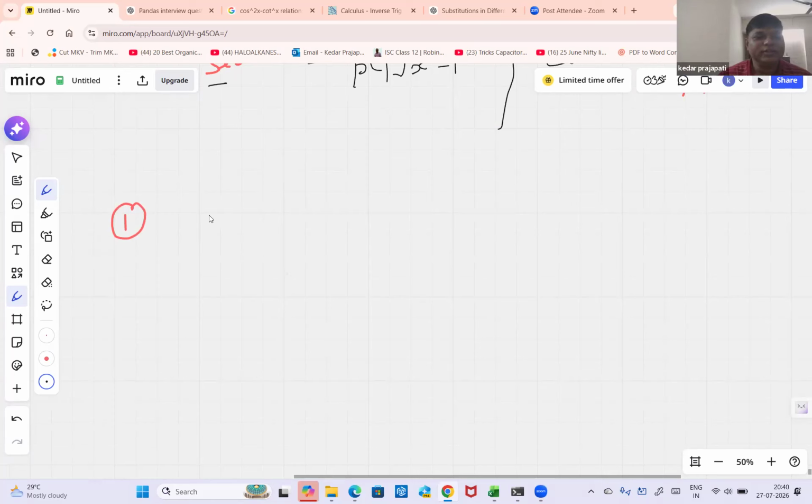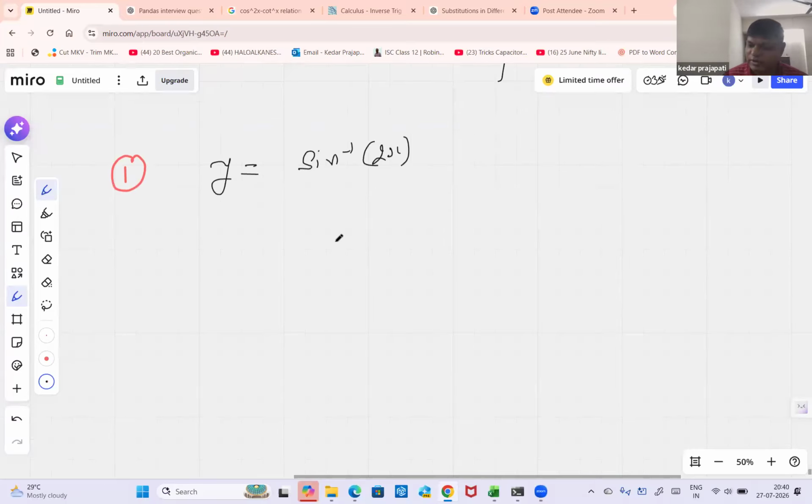Now I'm writing this: y equal to sine inverse 2x. Tell me, how will we do it? They're asking us to find dy by dx. Very basic. You can directly do it with the formula also, or you can do it with the method. I would say go with the method.